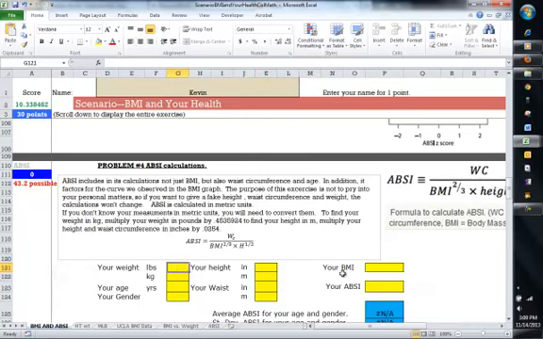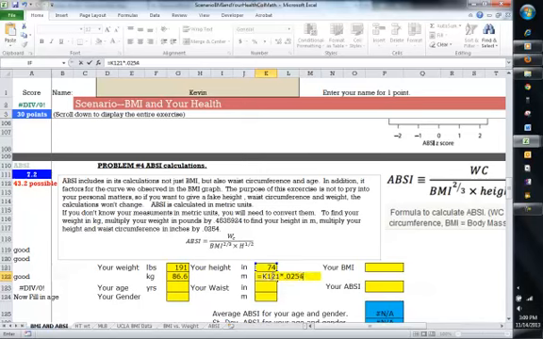So let's look here at my weight, 191, and my height, 74, equals this times 0.4535924, and equals this times 0.0254.